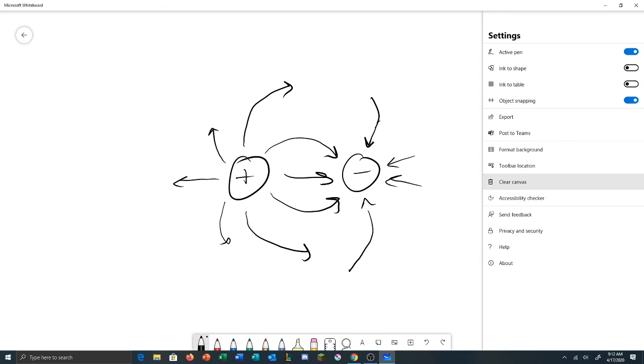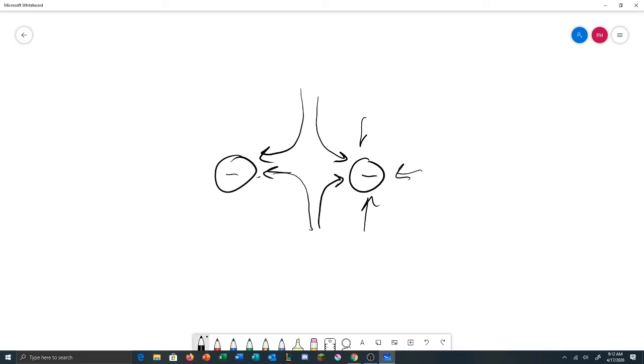And finally, if you changed it and you made it two negatives, well, once again, they get pulled in towards each other, but they also push each other away.